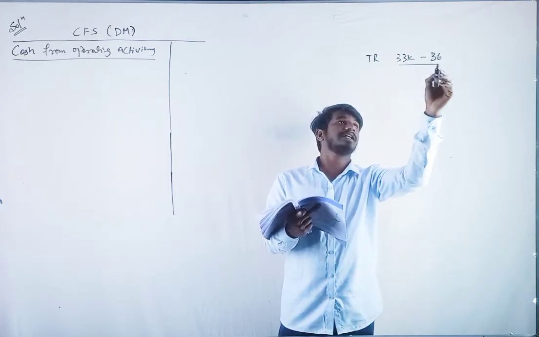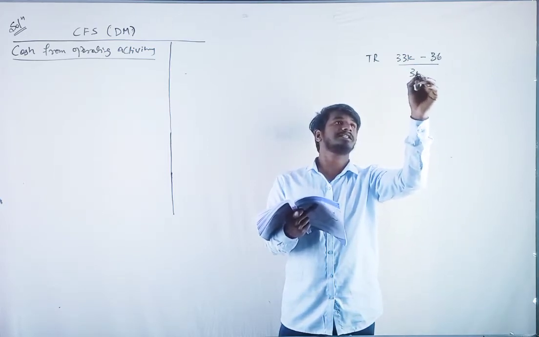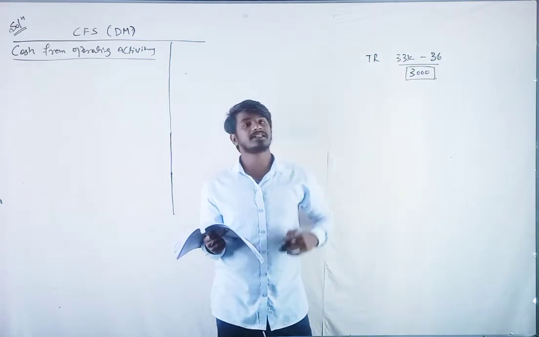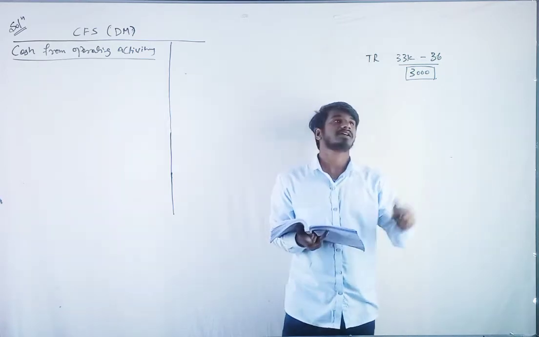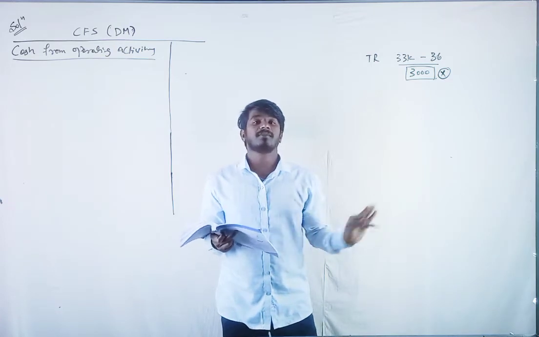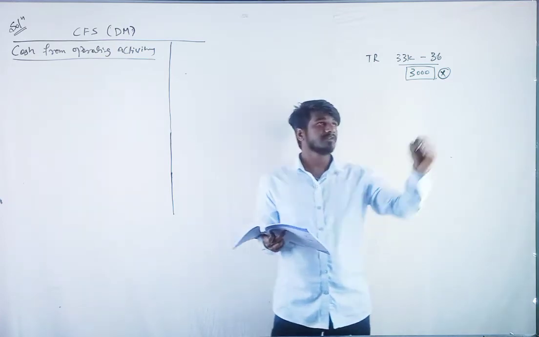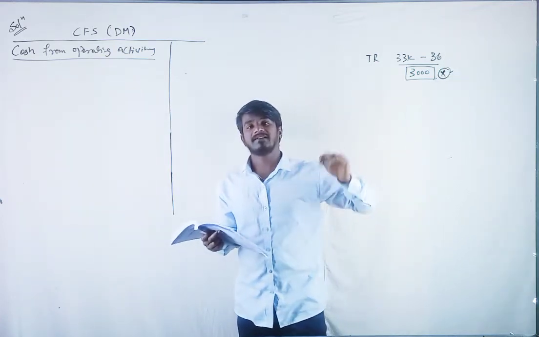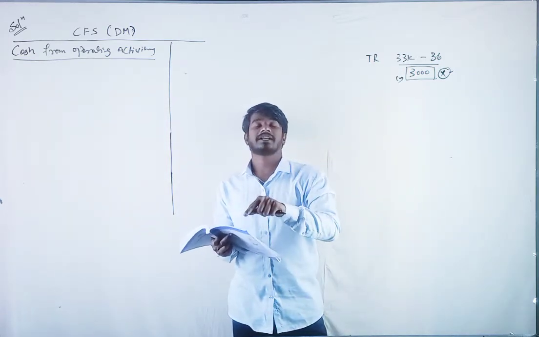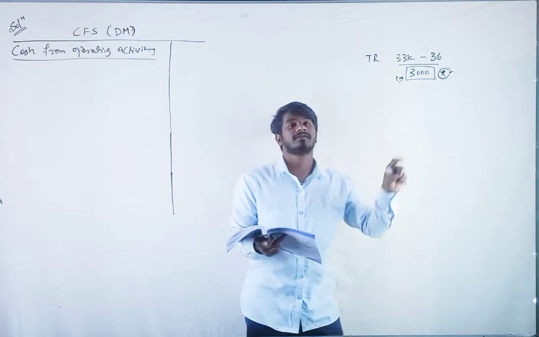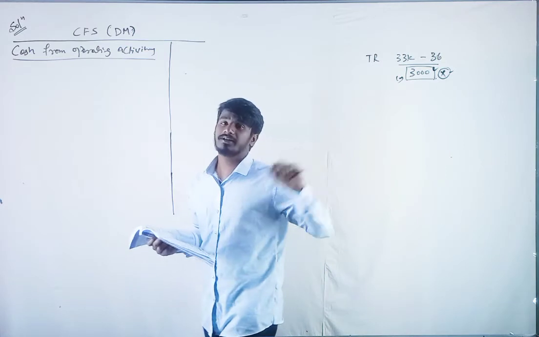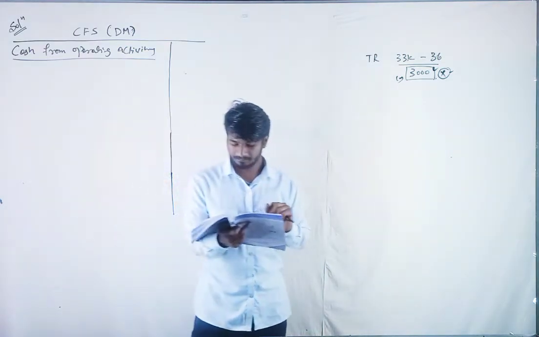Means it increased by 3,000. We didn't receive money from the debtors. Sales we have recorded in the P&L account, from that we will minus this 3,000 because we didn't receive it. Fine.